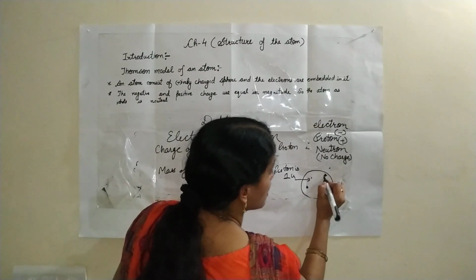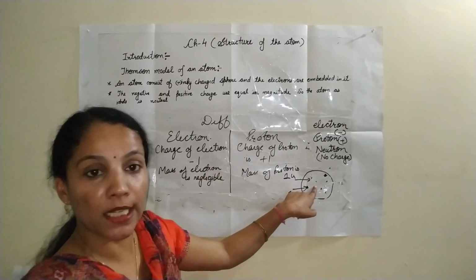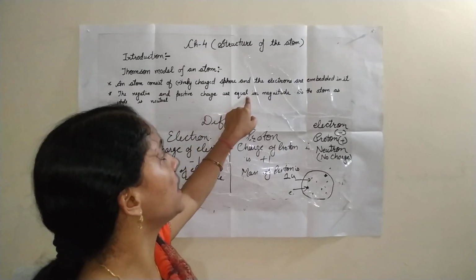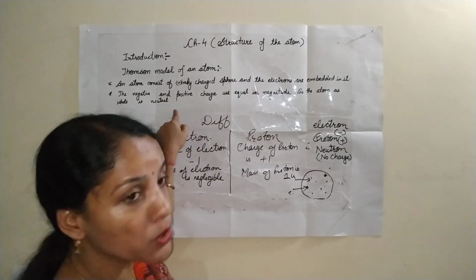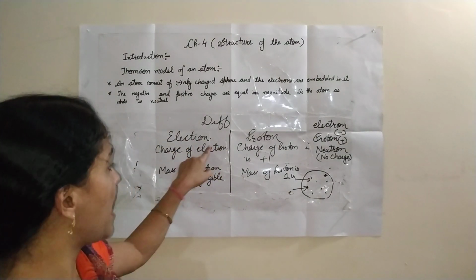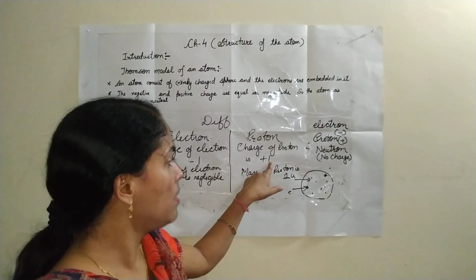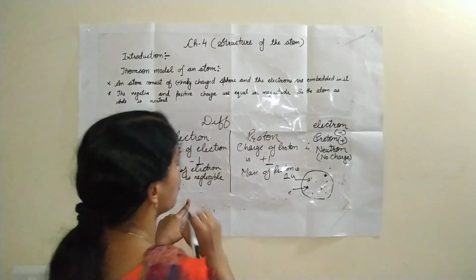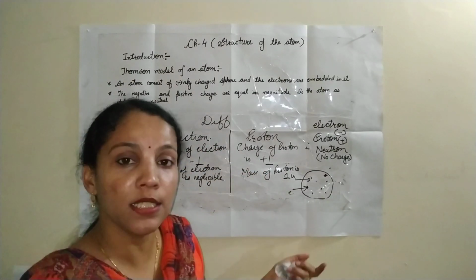Means these points are electrons. Embedded means fixed. And the second one is that the negative and positive charges are equal in magnitude, so the atom as a whole is neutral. From the difference, just see here, the charge of electron is -1 and the charge of proton is +1. Magnitudes are the same. Here is also 1 and here is also 1. On adding this, what we get here, the overall charge is 0.